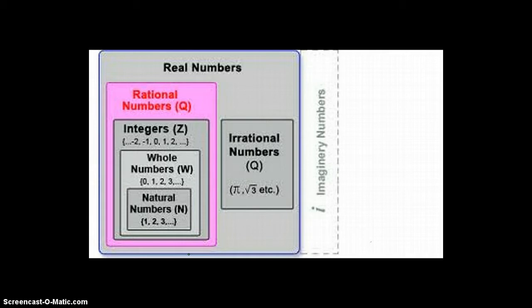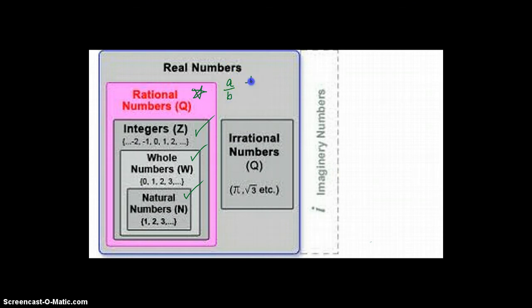What negative 1/2 is a part of is the rational numbers. Rational numbers are the ones that we're going to be dealing with the most in this class. Rational numbers include the integers, negative and positive whole numbers, the whole numbers, which are 0, 1, 2, 3, and the natural numbers. Rational numbers are any number that can be written as a over b.